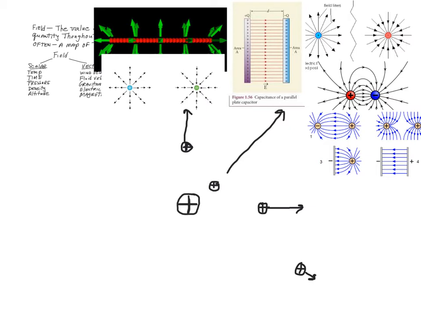But there's another problem. Supposing now you want to map out the field, and you come in to some place, and your test charge is different from my test charge. Let's say your test charge is bigger. At the same distance, you're going to get a bigger force. But we can fix that.